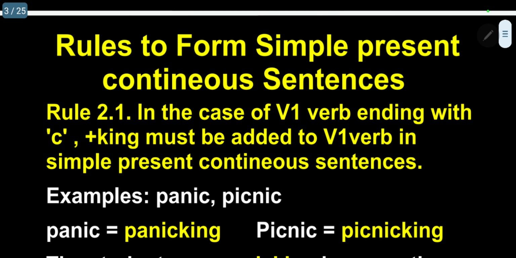So what we are going to study today is the second type, that is, rules to form simple present continuous sentences. In this class, I am going to discuss the important rules, nearly 4 rules, which are not available in any grammar book.